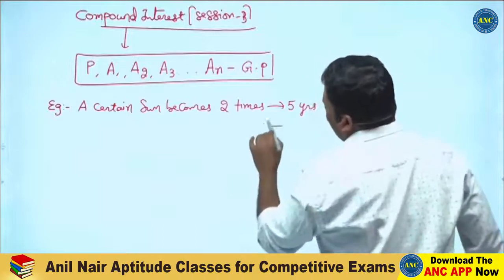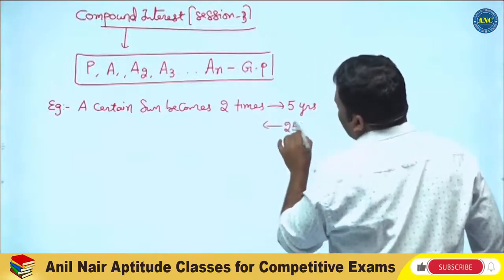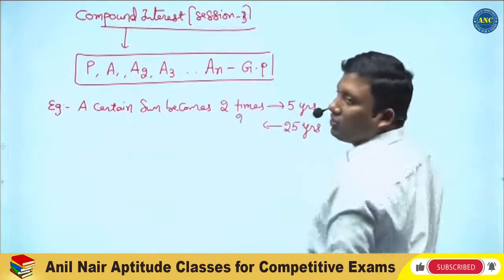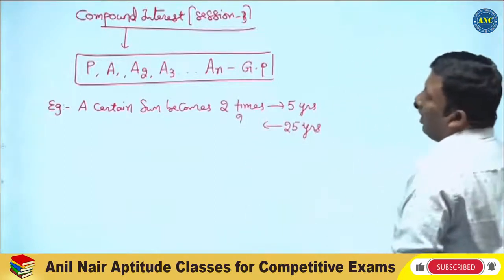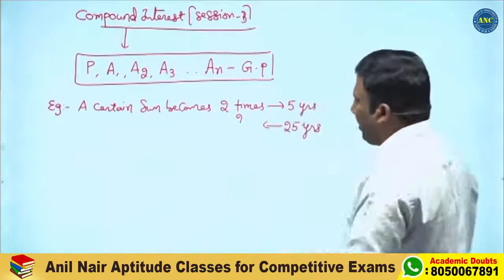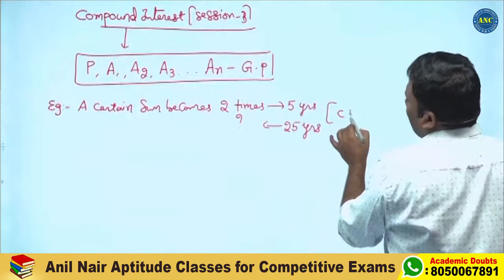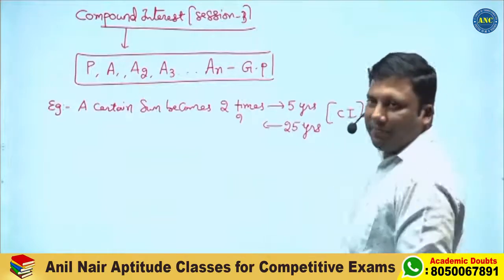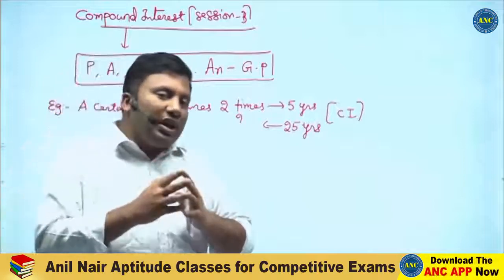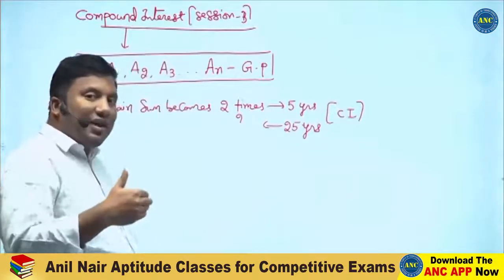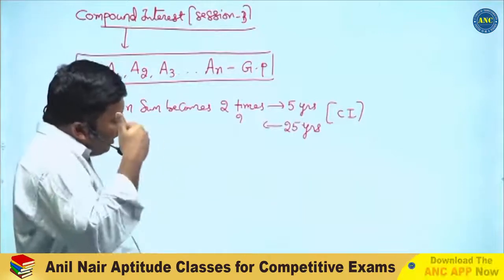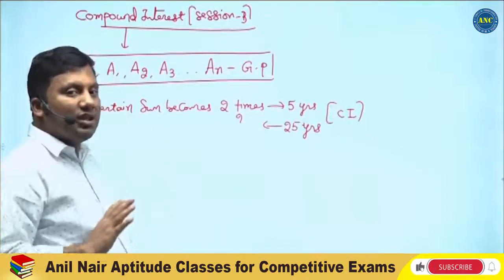In 25 years, how many times will it become, under compound interest? A certain sum becomes 2 times in 5 years. For every 5 years, principal will become 2 times the principal. In 25 years, how many times will it become?